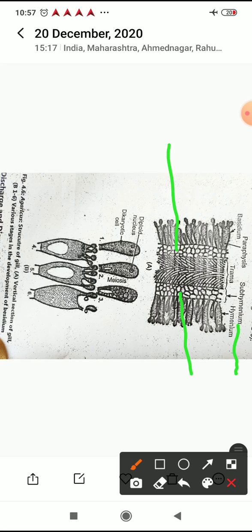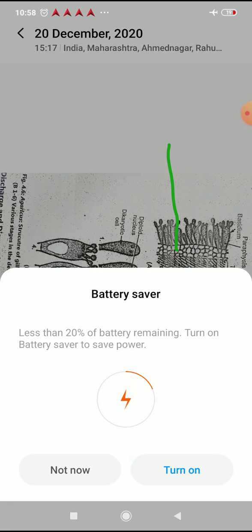In this region, the hyphae of trama curve outward towards each surface of the gill, and they end in small isodiametric cells forming a compact layer of subhymenium. So this is a compact layer of subhymenium.